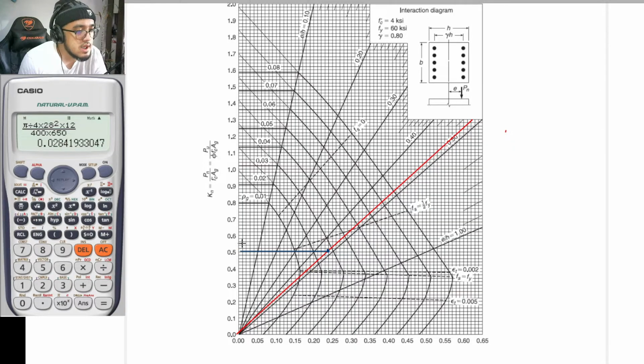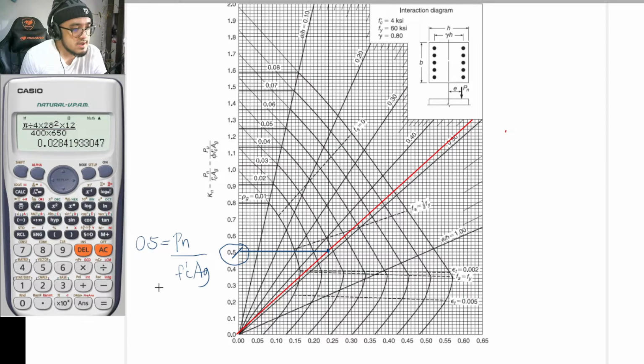So as you can see, the value for my Kn here is to be equal to 0.5. So what that means is that, guys, for Kn equal to 0.5, 0.5 is to be equal to Pn divided by F prime C times Ag.